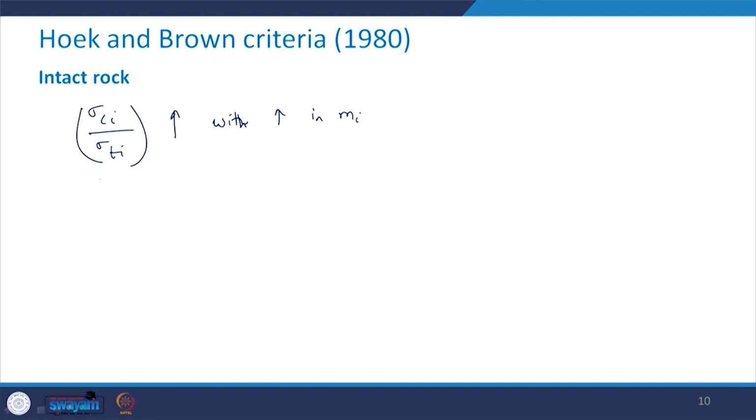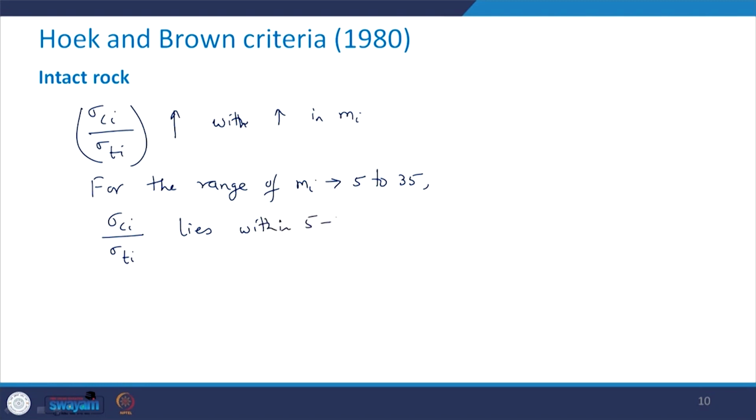If we take a range of mi from 5 to 35, this sigma ci upon sigma ti lies within 5 to 35.